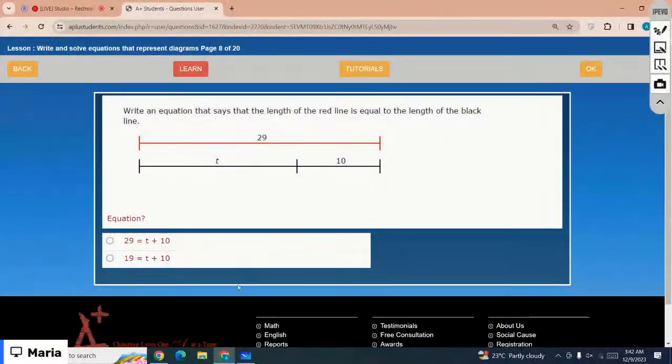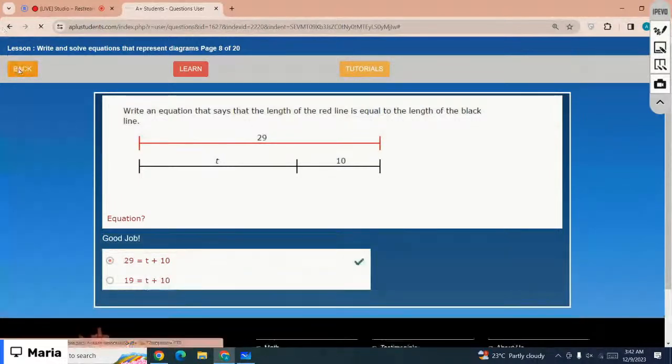Equation number 1 is the correct option, right? Okay, you can complete the lesson by yourself later today.